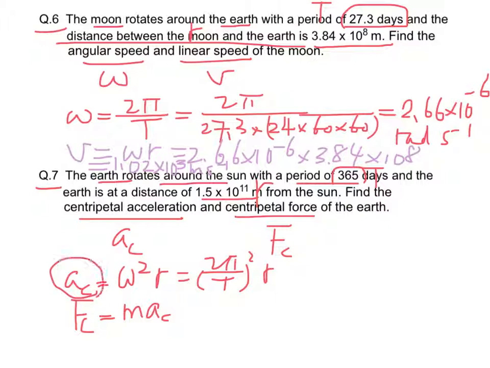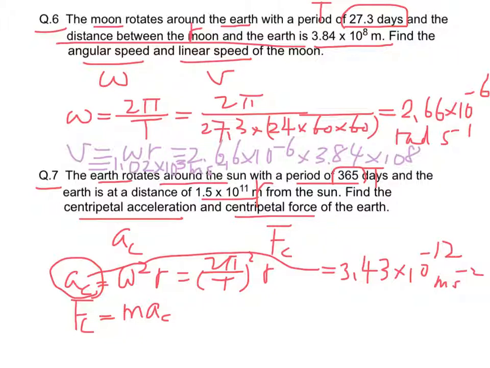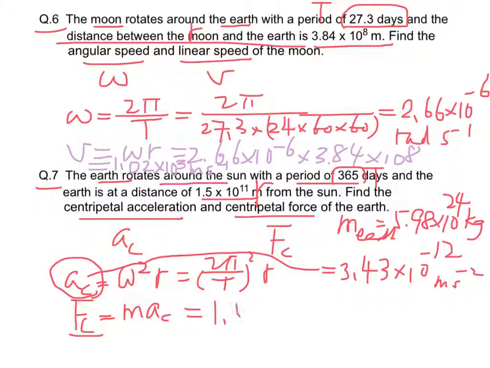We have centripetal acceleration equal to 3.43 times 10 to the power negative 12 meter per second squared. Also, mass of the Earth equal to 5.98 times 10 to the power 24 kilogram. Therefore, Fc equal to 1.5 times 10 to the power 7 Newton.